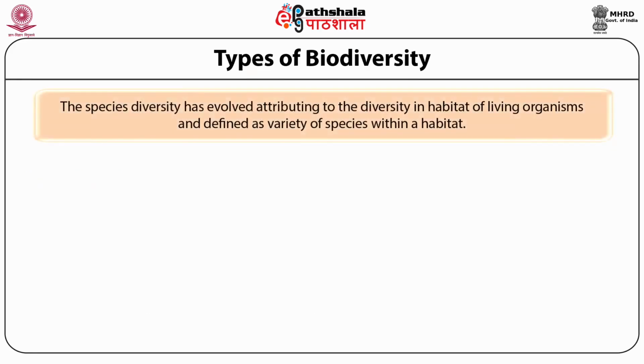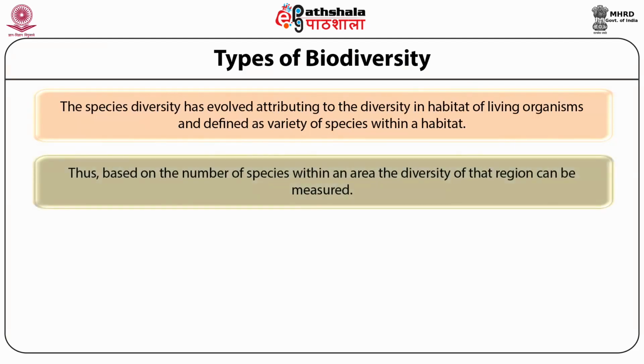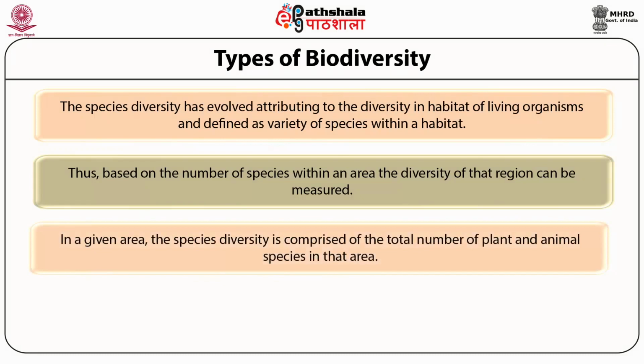Species diversity has evolved owing to the diversity in habitats of living organisms and is defined as the variety of species within a habitat. Thus, based on the number of species within an area, the diversity of that region can be measured. In a given area, species diversity comprises the total number of plant and animal species in that area.